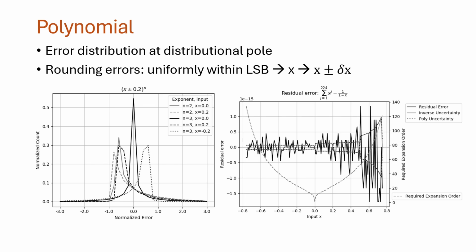Traditionally, the solid line is called a residual error, but I have to point out it's actually rounding error here. Why? Because for x to the power of j, when j is big enough in the floating point representation, x to the power j becomes 0. So the dashed gray lines here basically show at which stage, at which order, this x to the j becomes 0.